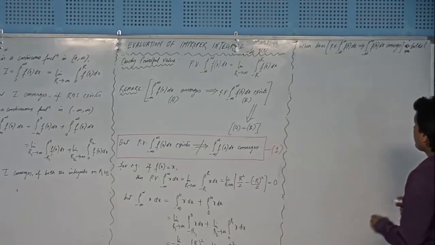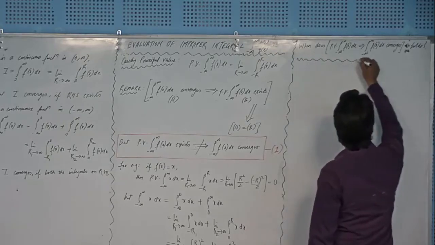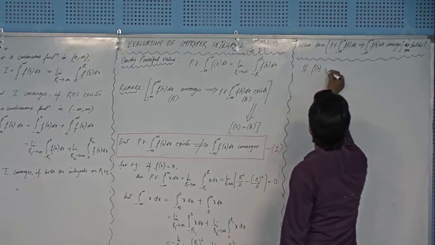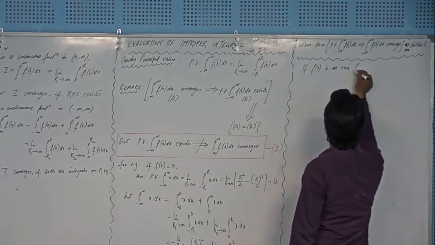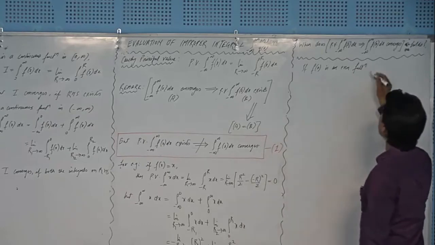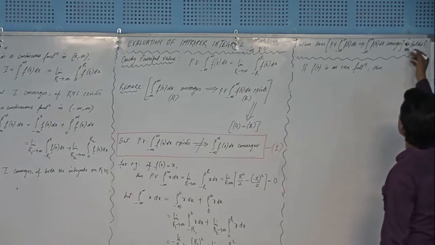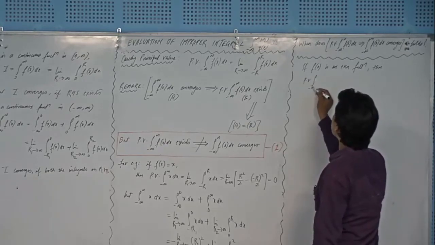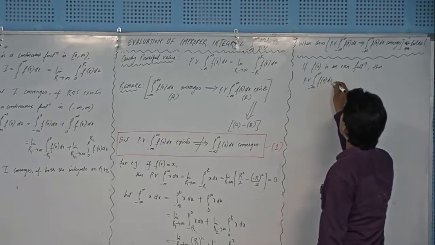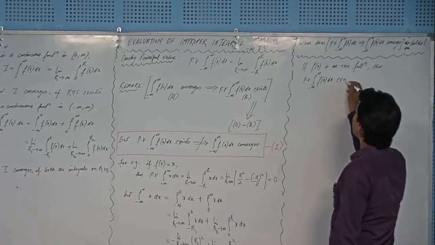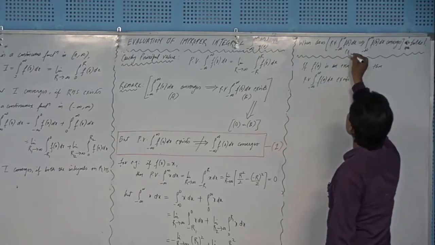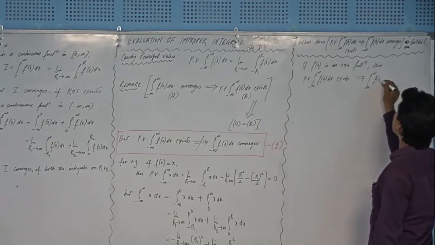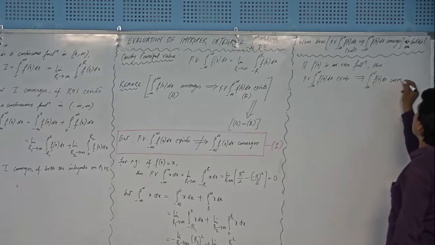And this is my heading. Okay, if f(x) is an even function, then principal value of minus infinity to infinity f(x) dx exists, I should write exists here, implies minus infinity to infinity f(x) dx converges.